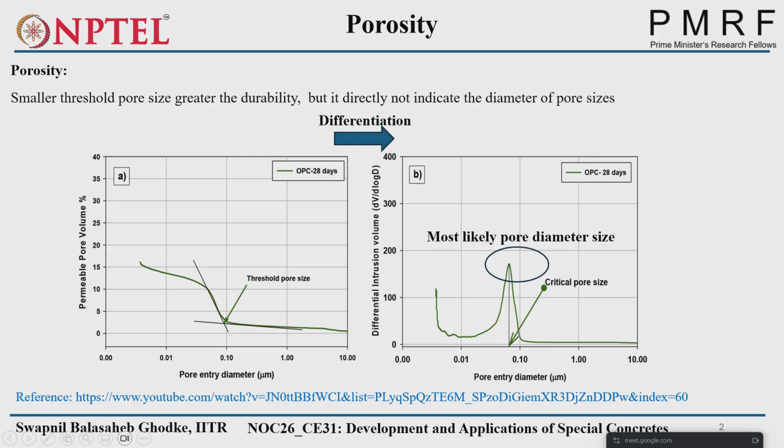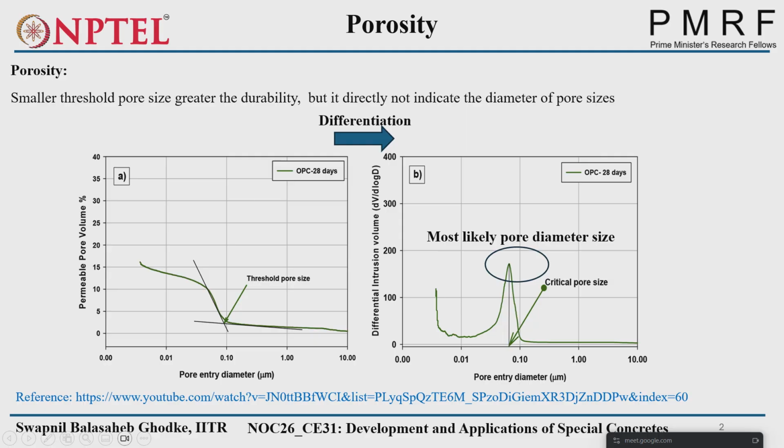This increasing point is called the threshold pore size, meaning most of the pore volume is occupied by this region. Does it indicate the pore diameter directly? No. For that, we have to differentiate this graph, that is, get the differential intrusion volume, dV by d log d.